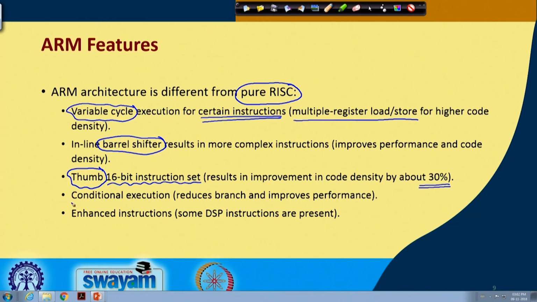And there is another very interesting feature, we shall be discussing this in detail: conditional execution. Like you can say, add these two numbers provided the 0 flag is set. Well, in conventional processors, you can have a jump if 0, jump if not 0 kind of instructions.